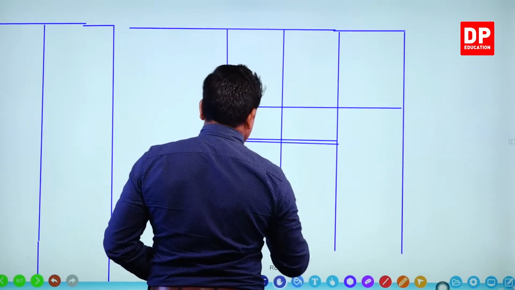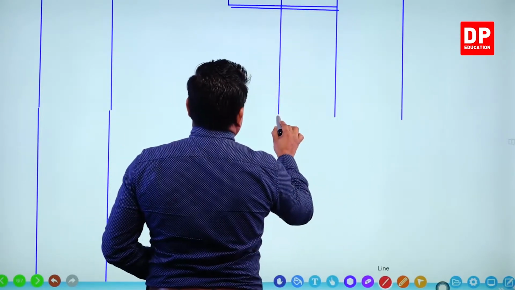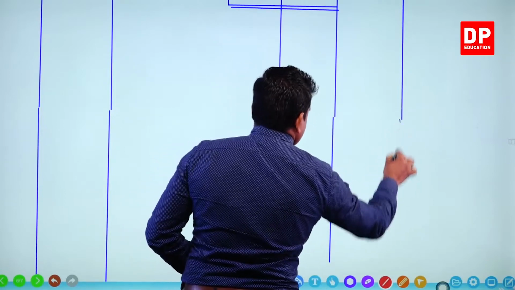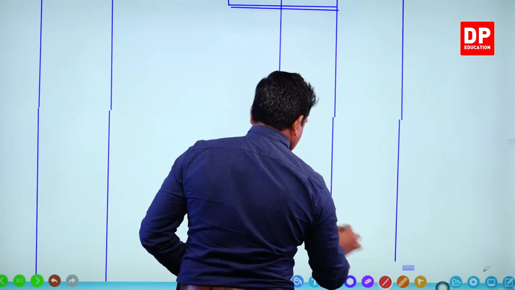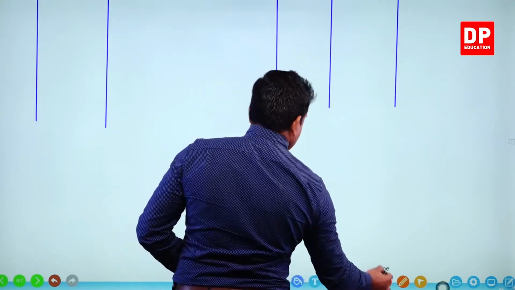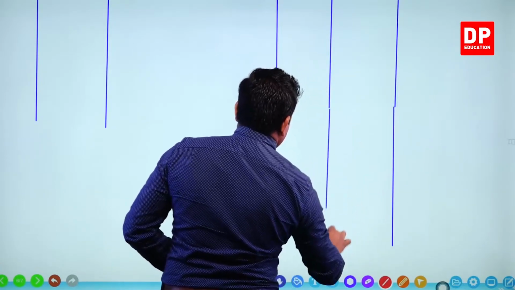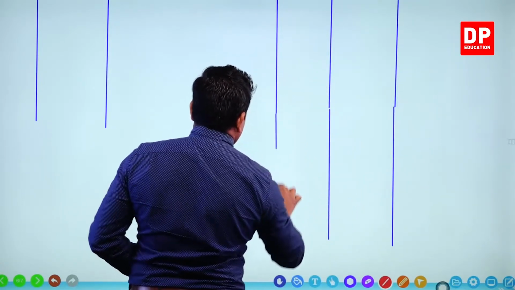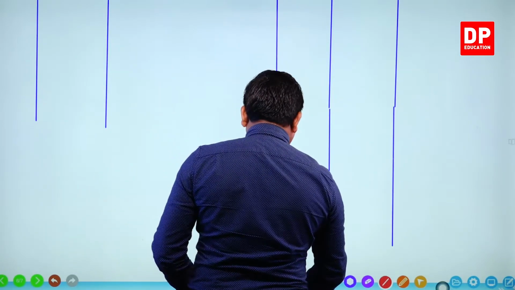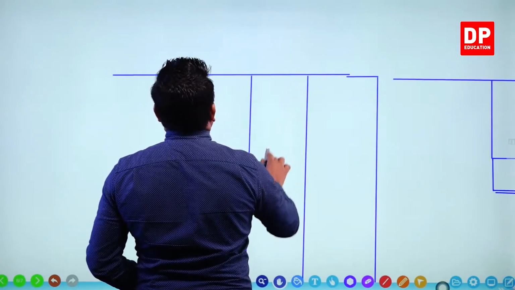Right, after that, if you think this area is not enough, you can expand the columns, right? After that we can classify the profit and loss statement and the statement of financial position.